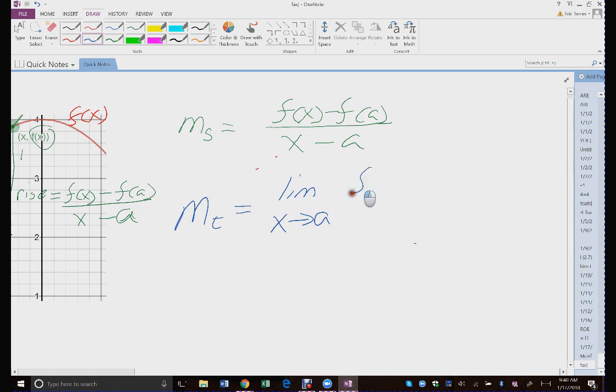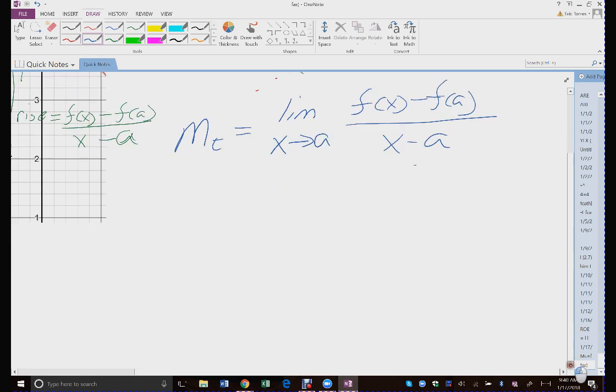Then the slope of that secant line is going to get closer and closer to the slope of the tangent line and will actually equal the tangent line. So that is my definition of the slope of the tangent line. Definition 1. And let's use this to find an equation of a tangent line given a function.